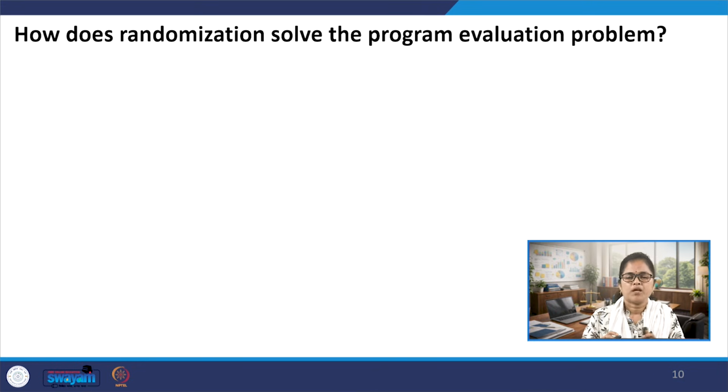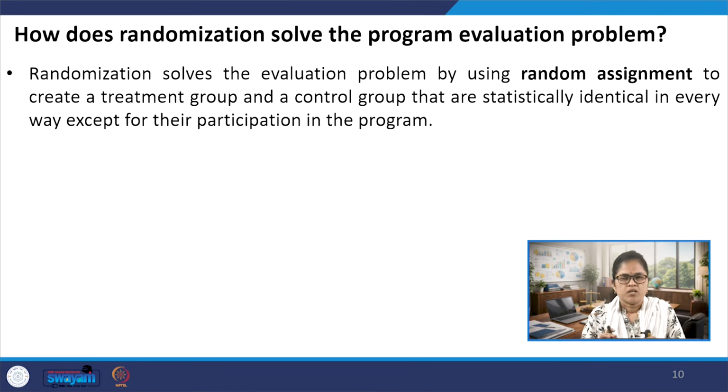Okay. So, perhaps you remember what the evaluation problem is that we discussed. The main evaluation problem is creating or finding the data for our counterfactual. Okay, so just to refresh your memory, what we have already discussed in our previous classes. And we need to understand how randomization solves this program evaluation problem.